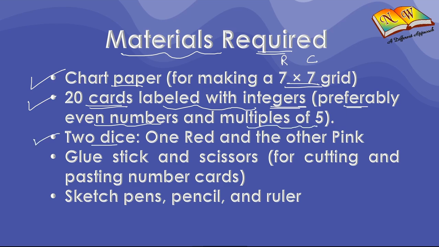We require two different dice of two colors. Here we have taken one red dice and the other as pink dice. We require glue stick and scissors for the pasting and cutting work, and the normal material like sketch pens, pencils and ruler will be required to perform the activity. Let's perform this amazing activity now.